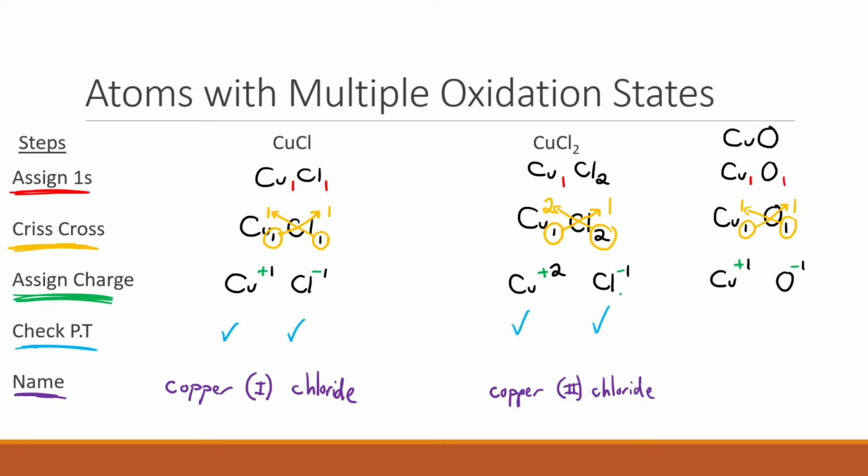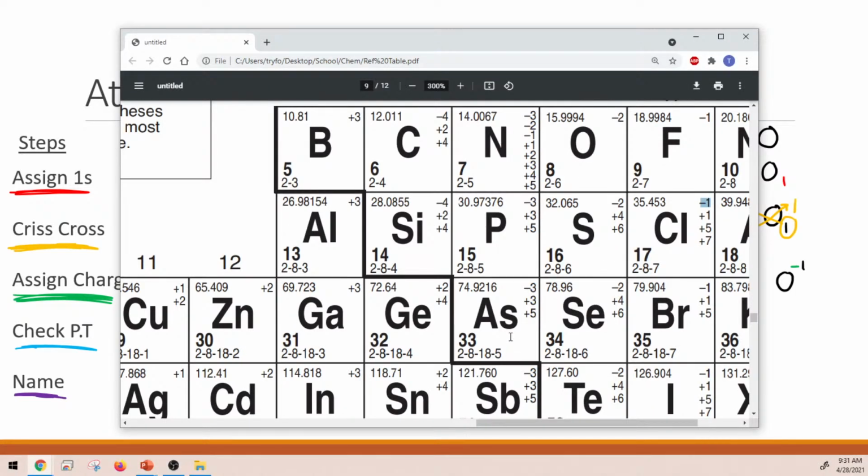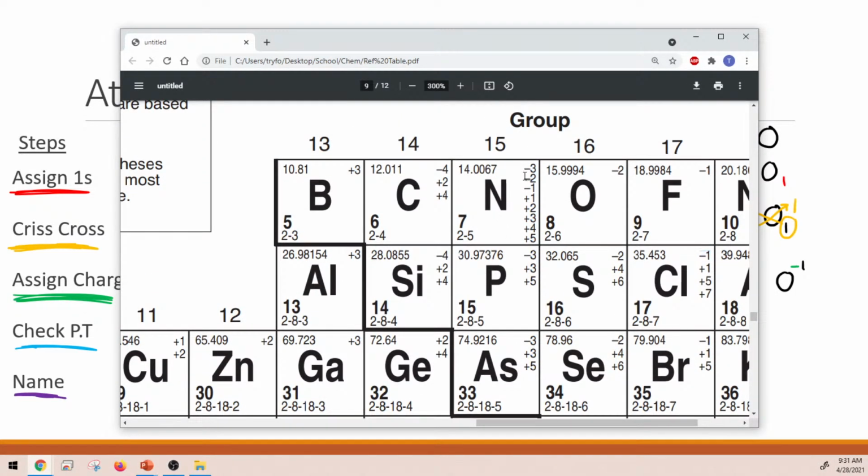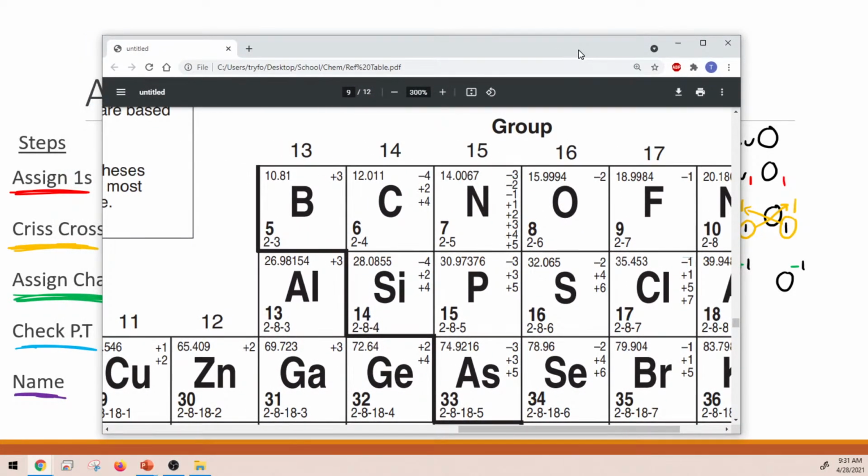And the non -3 versions, let me pull back up the periodic table. The things that are not -3, this -2 and this -1, are so very rare that we basically just ignore them. And so there's never going to be a set of choices for you for a negative oxidation state.